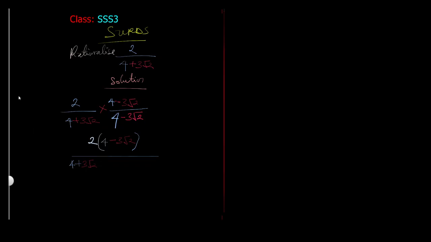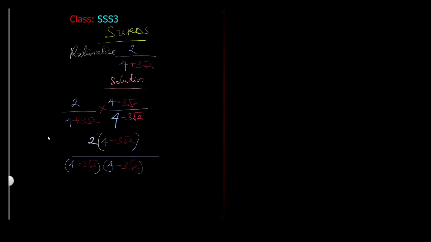Let's close the bracket for this now. Now everything will be multiplied by 4 minus 3 root 2, and the bracket will close.